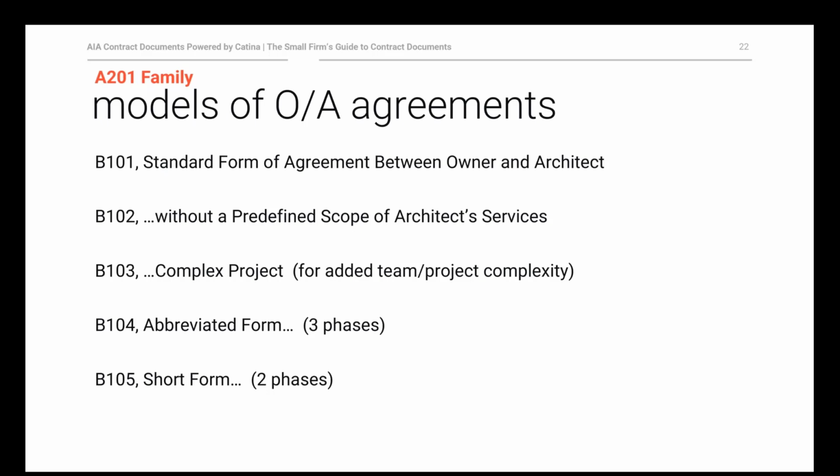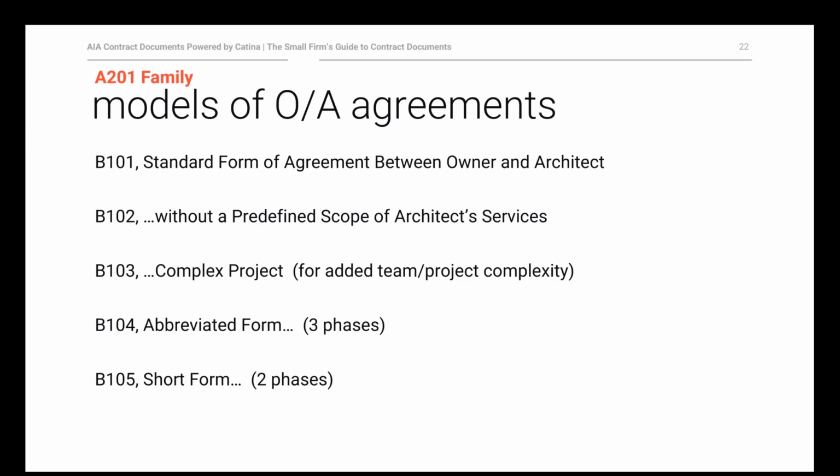So unlike the B101, where we go through the several phases through design development and contract documents and bidding and procurement and CA, the B102 has a lot of business terms, but no scope. And so the parties have to include with that document some sort of written scope of services to complete the document and have it function as a working contract.